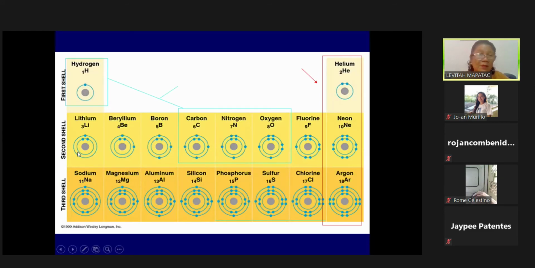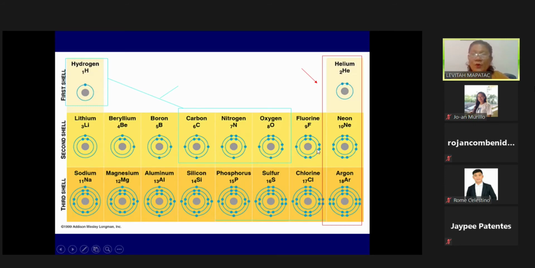Why does lithium belong to group 1? Because its outermost shell is 1. Sodium, why does it belong to group 1? Because its outermost shell is also 1. Why does beryllium belong to group 2? Its outermost shell is 2. Magnesium, 2.